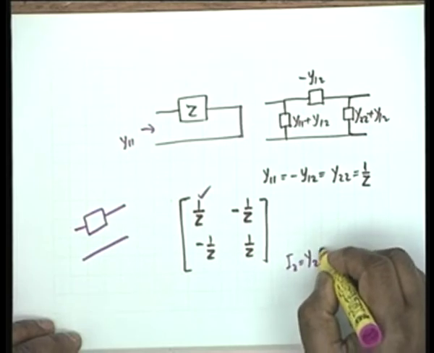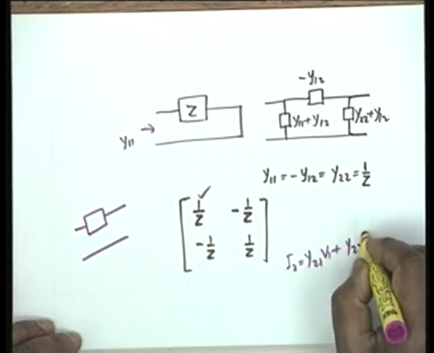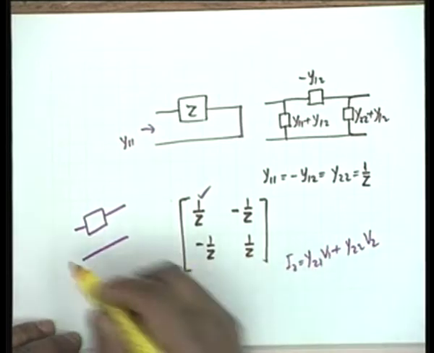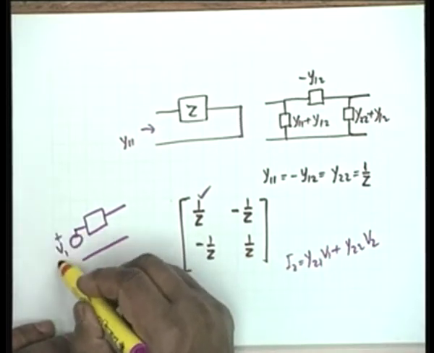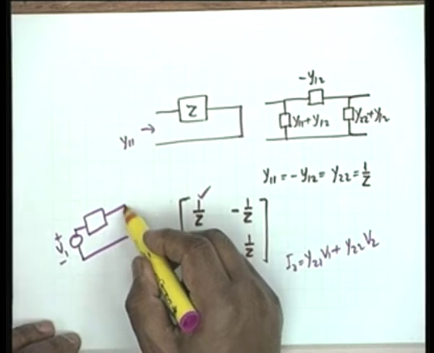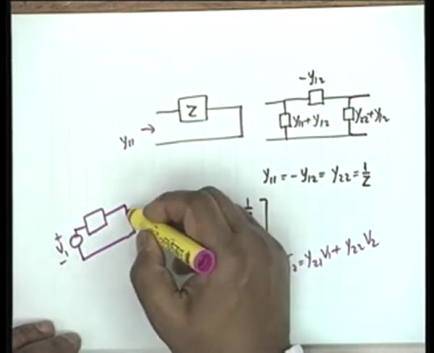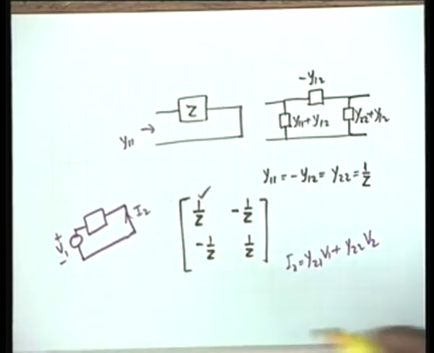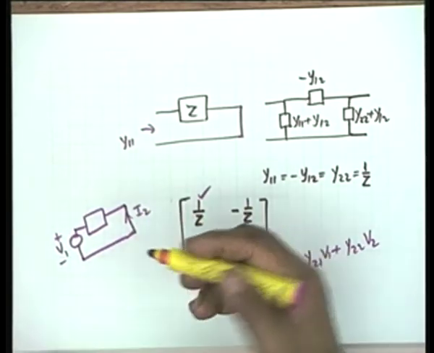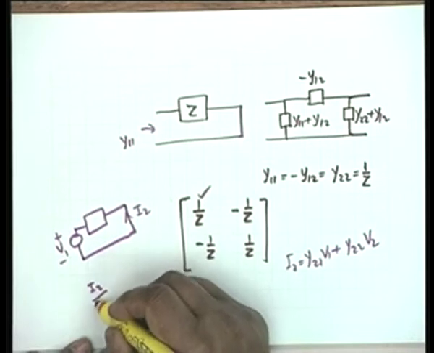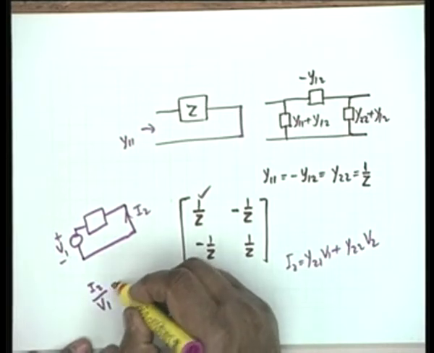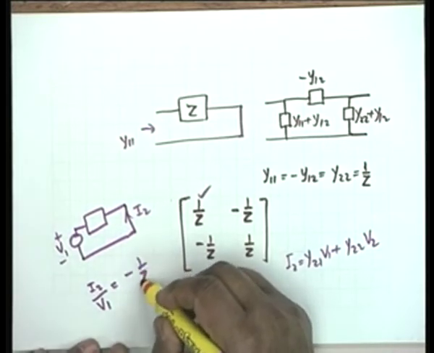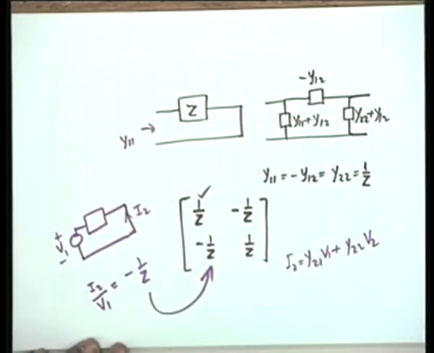I2 equals y21 V1 plus y22 V2. So y21 is I2 by V1. I connect a V1 here, short circuit this and find I2. You must remember I2 enters the network, and therefore I2 by V1 under this condition obviously is equal to minus 1 by z, which is precisely what we have got here.